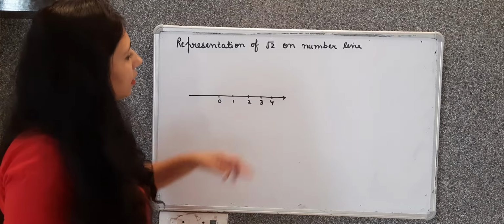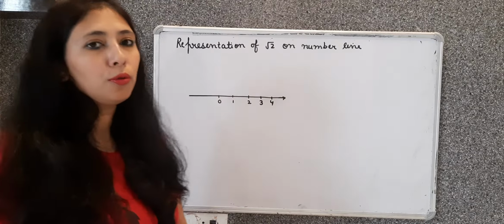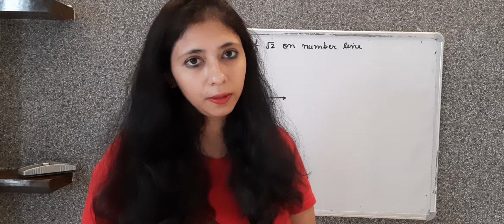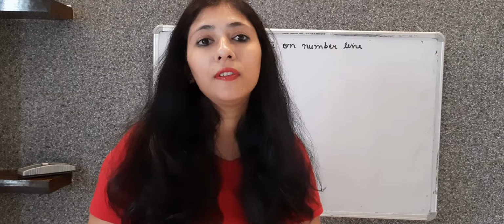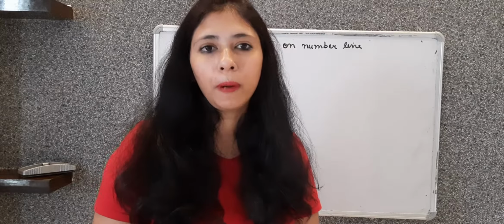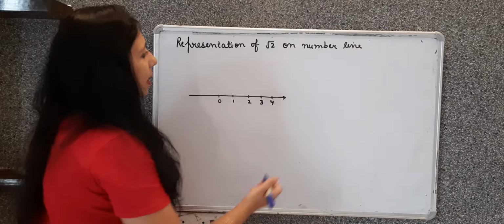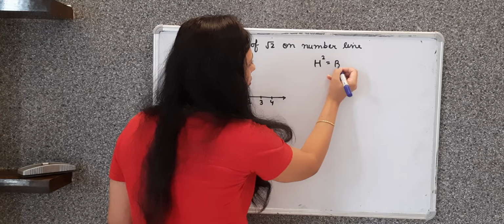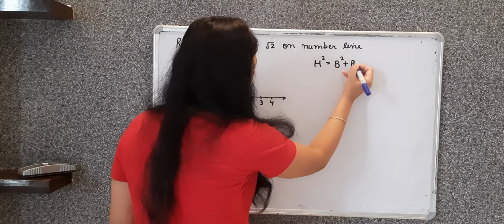Then if I want to represent root 2, root 3 or root 5 on a number line, we'll take the help of the Pythagoras Theorem. What is the Pythagoras Theorem? Hypotenuse square is equal to base square plus perpendicular square.